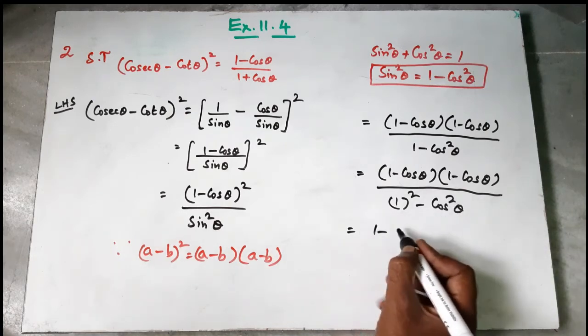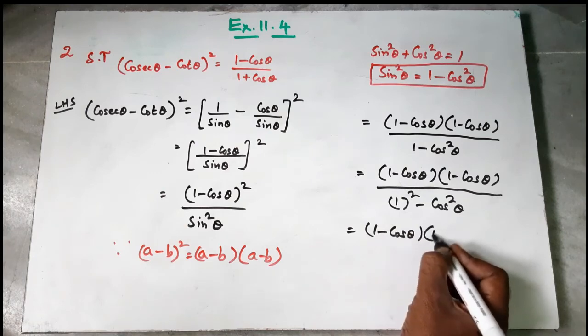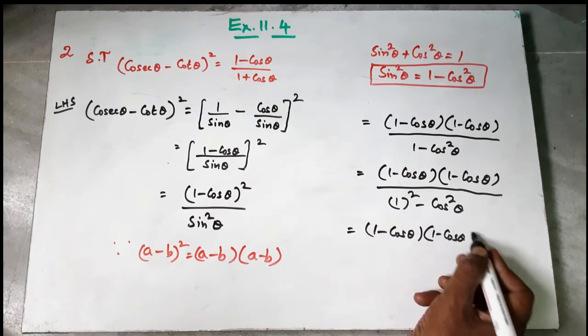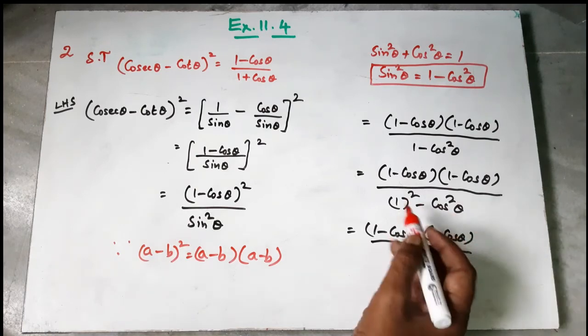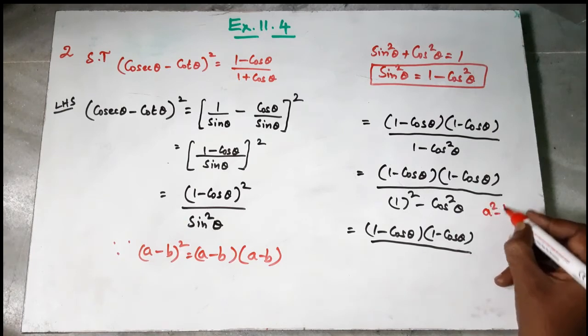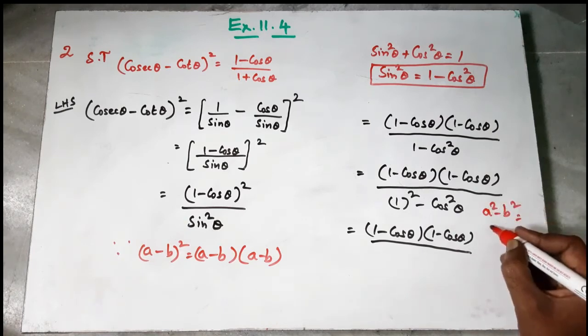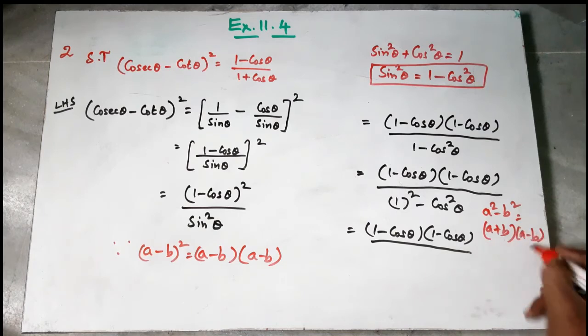So 1 minus cos theta, 1 minus cos theta. So here what do you have? A square minus b square. So a square minus b square can be written as (a plus b) into (a minus b).